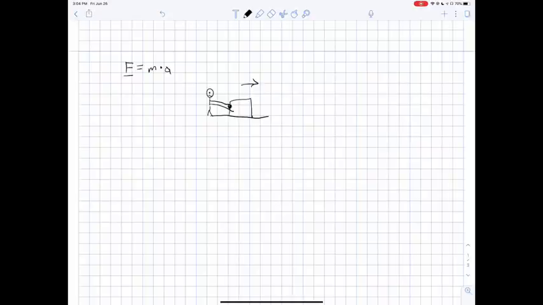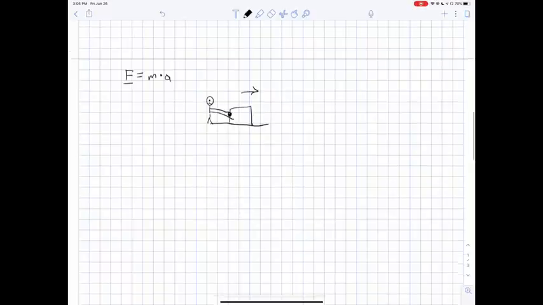And the force is going to depend on how hard I hit it and how fast it's going, right? And then depending on how heavy it is, like if I push it really hard and it's very light, I'm going to apply a very big force. But if I push it just as hard and it's very heavy, my force is not going to be as big.